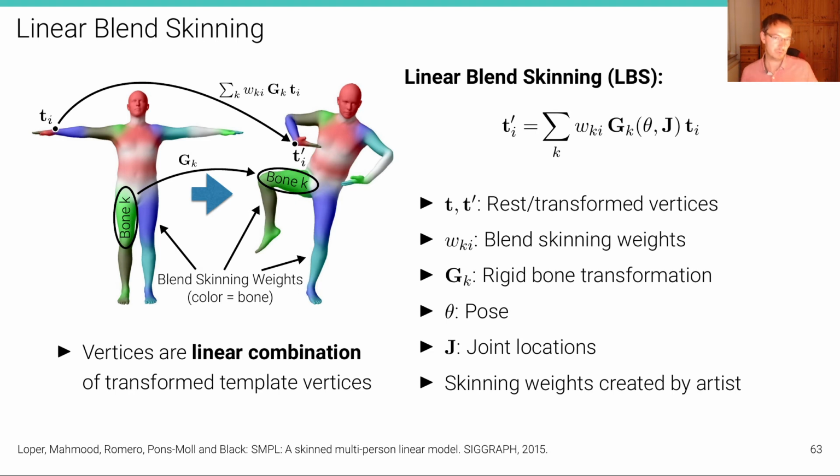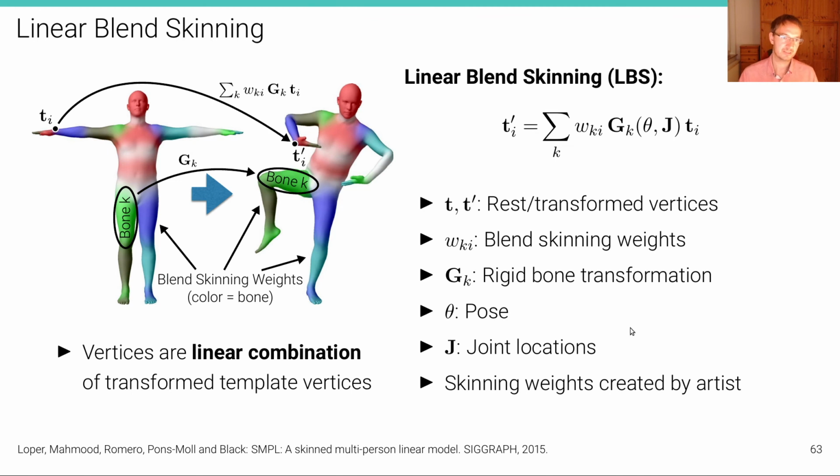So SMPL solves also kind of a PCA problem, but at a larger scale, by also deforming the template mesh. And how it deforms the template mesh is it uses an extension of so-called linear blend skinning. So we first need to understand what linear blend skinning is.